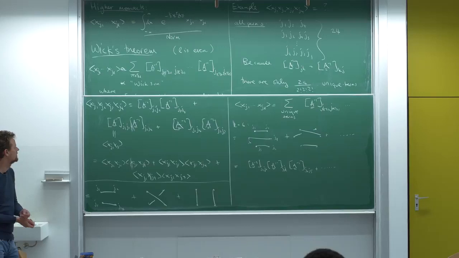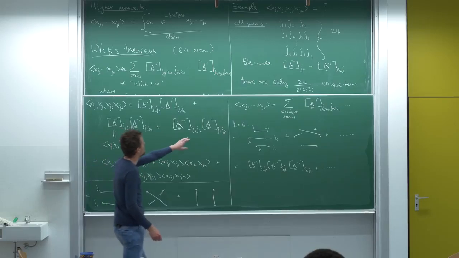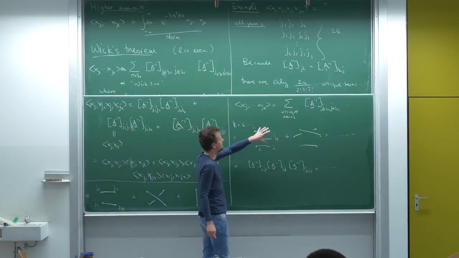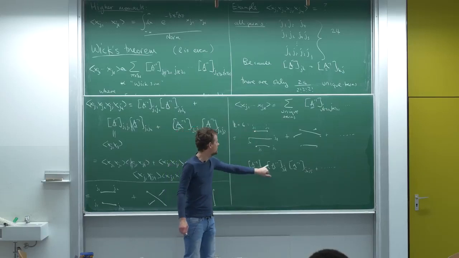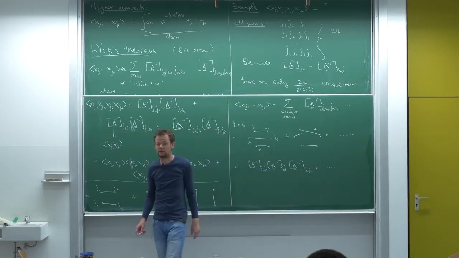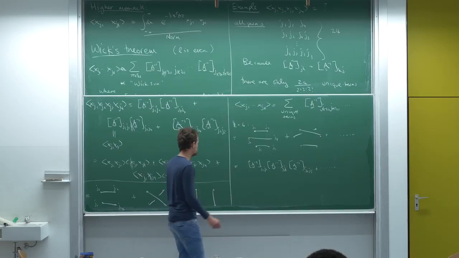And that's the actual statement of Wick's theorem. You take the even number of points, draw them in the plane, draw all possible pairings, then associate with each diagram this value like that. I leave the proof as an exercise.